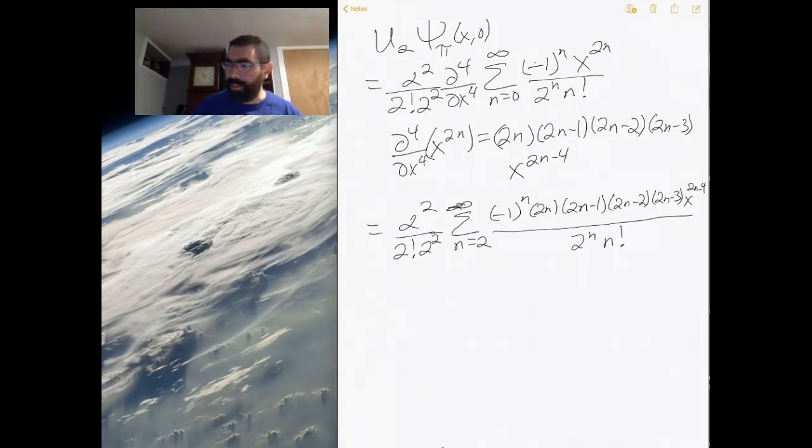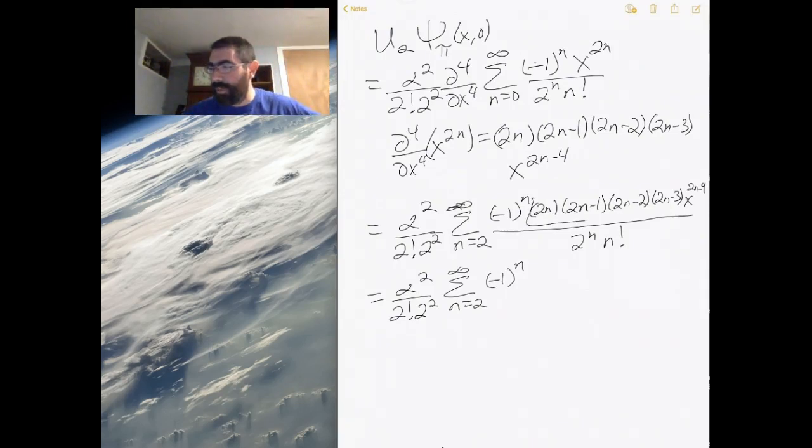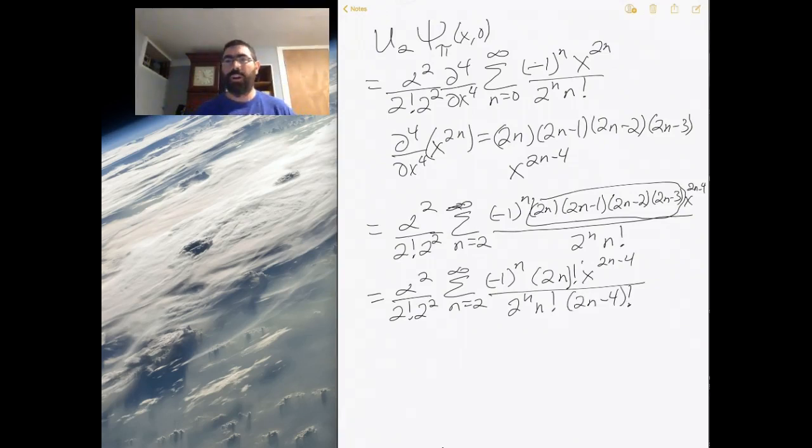Okay, so now we can rewrite this like we did previously, where we replace those 4 terms in the numerator right up here with a factorial. So that would be 2n factorial, now divided by 2n minus 4 factorial, all the terms that were missing in the numerator.